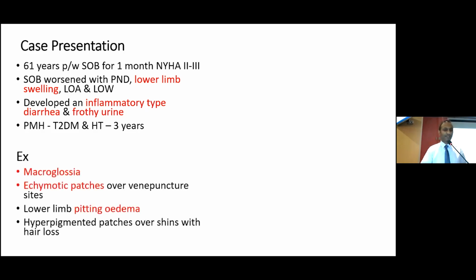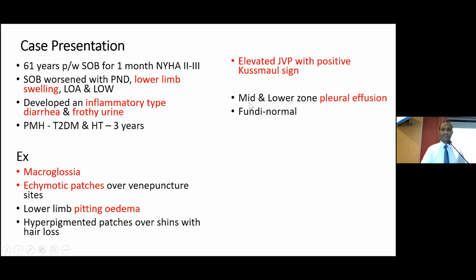This patient also has macroglossia, ecchymotic patches and pitting edema, so more likely this is amyloidosis. This patient has elevated JVP and pleural effusion, and the fundi are normal. Diabetes causing proteinuria is a bit unlikely in this case, and urine protein excretion is high.